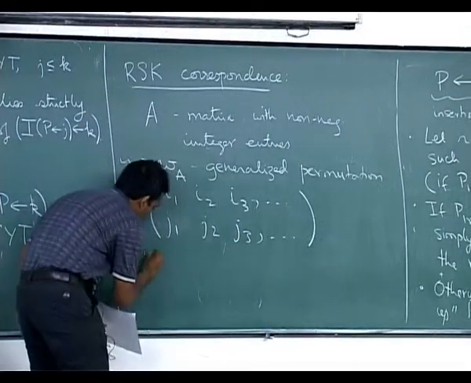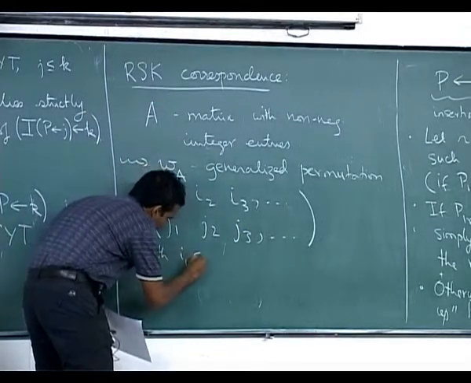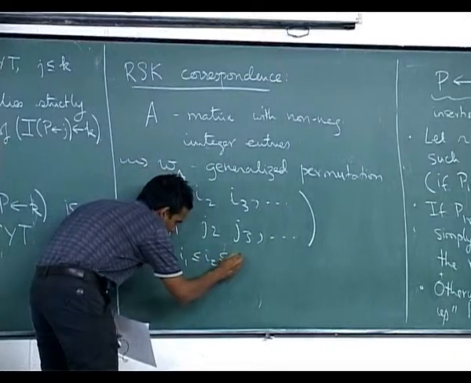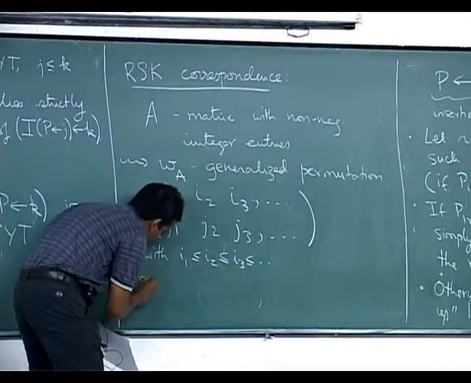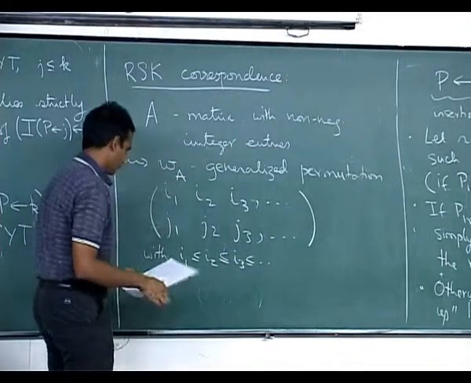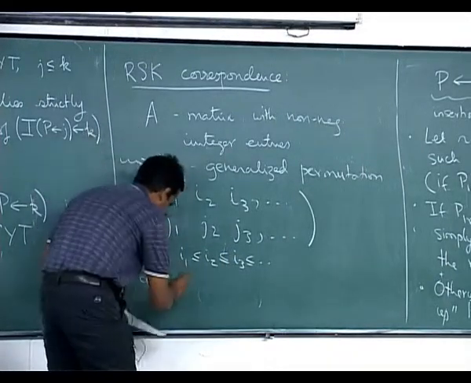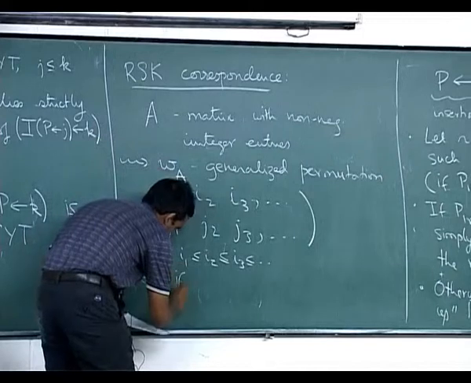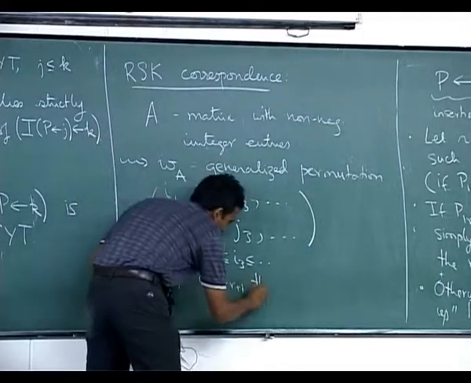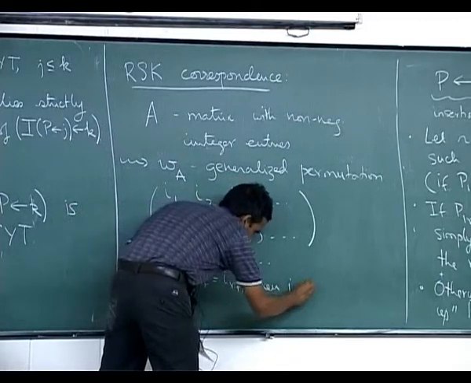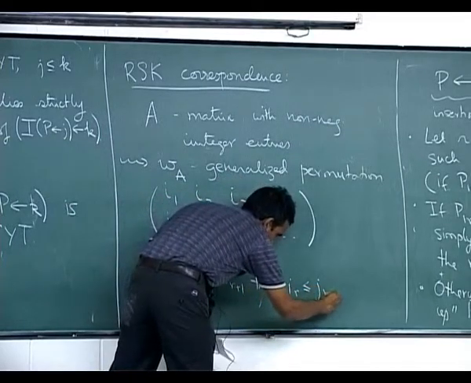You just assume that I1 is less than or equal to I2 is less than or equal to I3, and if Ir is equal to Ir plus 1, then Jr is less than or equal to Jr plus 1.